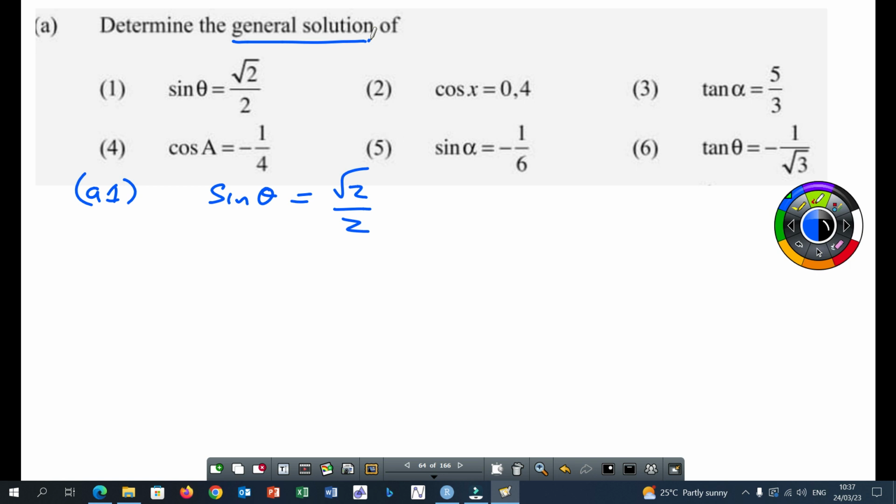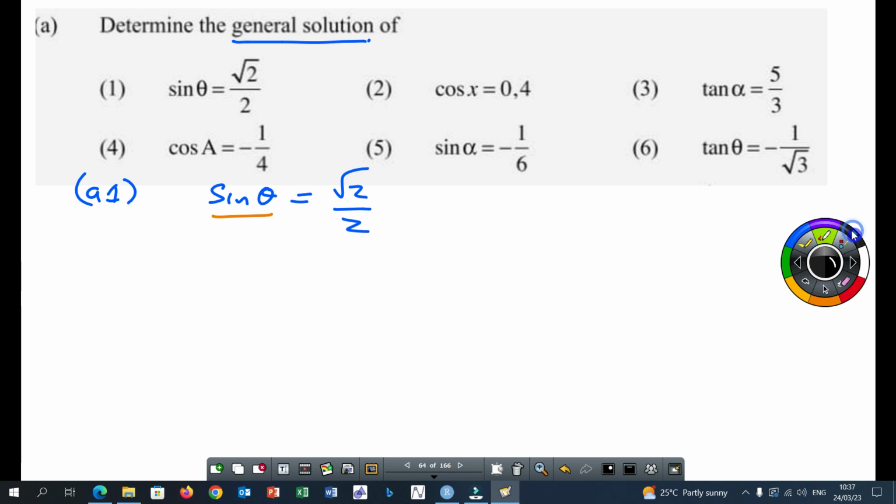If I want to get the general solution, because this is a trigonometric equation in terms of sine, I must get 2 general solutions. The ratio is positive, so we determine the general solution based on the first quadrant where sine is positive, and the second quadrant where sine is also positive.